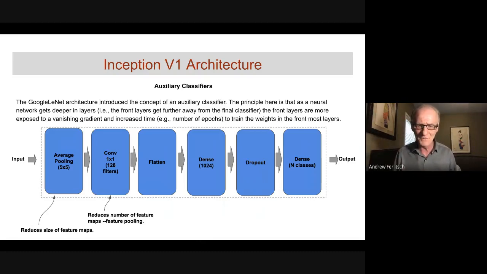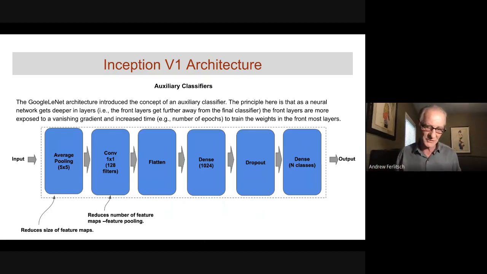And so those layers were more exposed to the vanishing gradient. So they thought that by placing additional helper classifiers in the middle of the architecture, closer to those front layers, they would help train those front layers in addition to the final classifier and reduce the vanishing gradient.